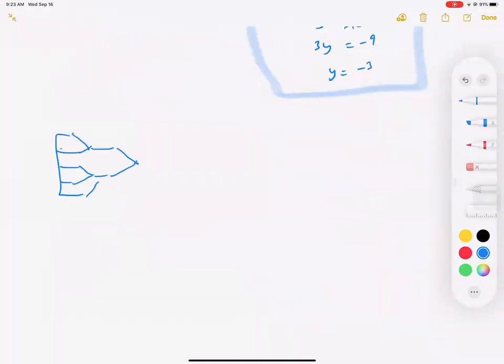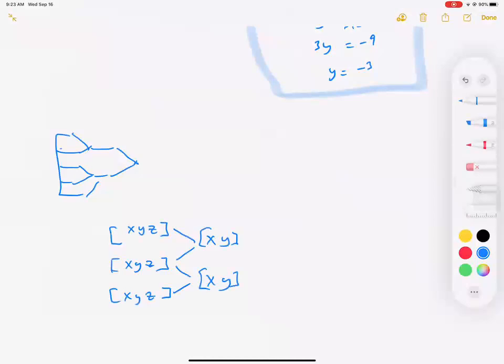Okay. So that's kind of what we're doing. We start off with a bracket of x, y, and z. And these guys are going to compete. And they're going to be left with, let's say, x and y. And when these guys compete, you're going to end up with one final bracket of just one variable, x.